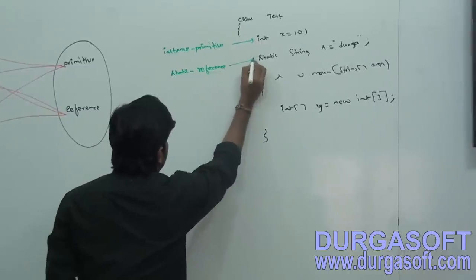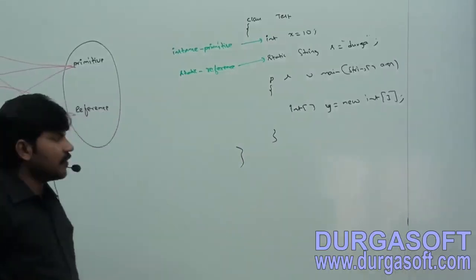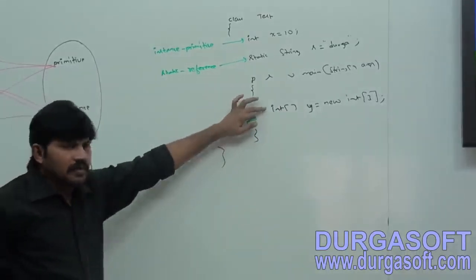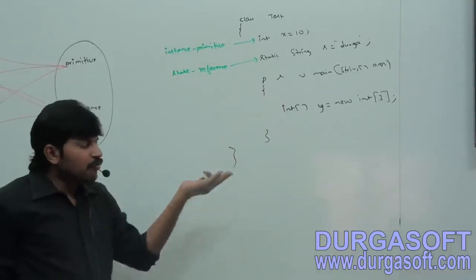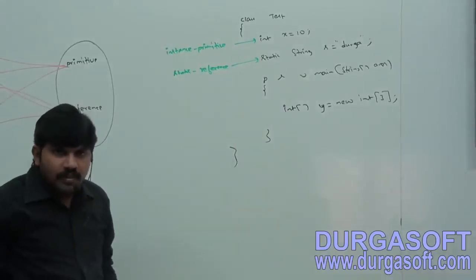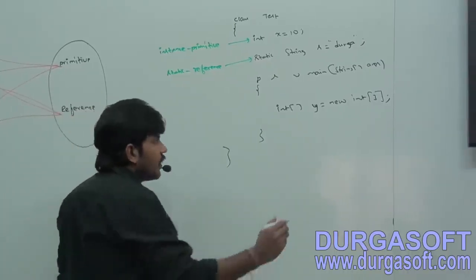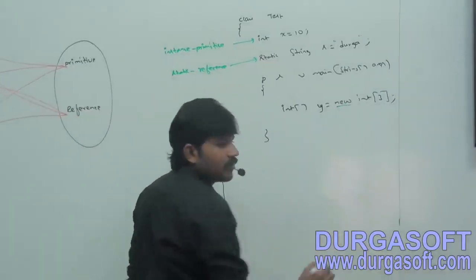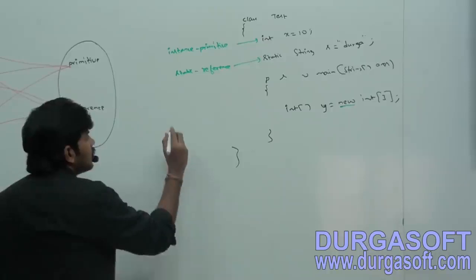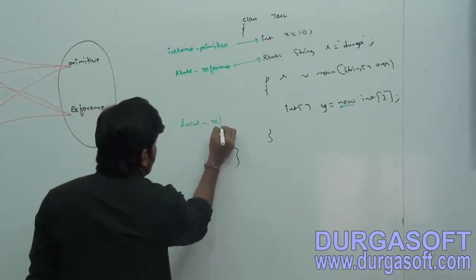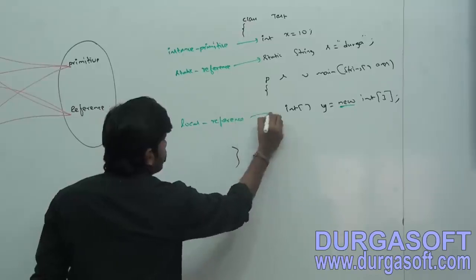Next, what is this one? Is it instance or static or local? Local. Primitive or reference? Every array in Java is an object only, so reference. So this one is local reference.